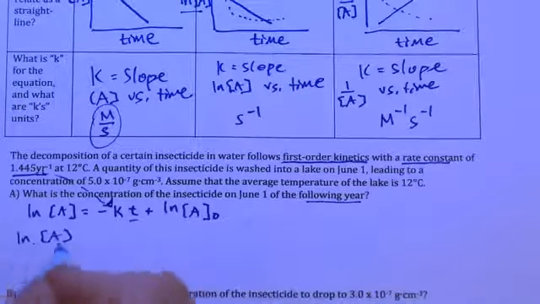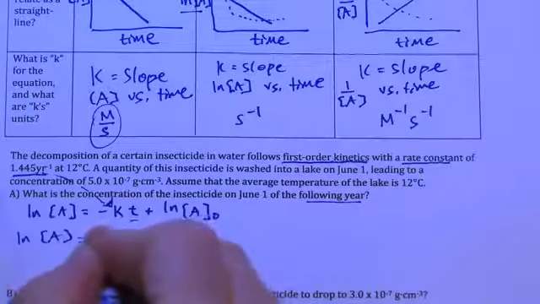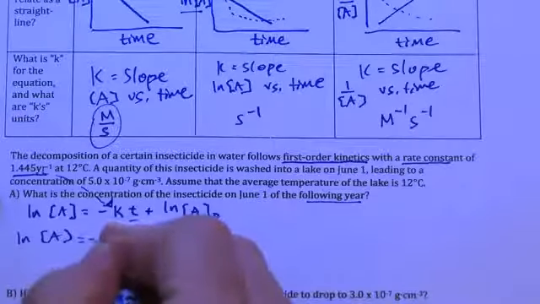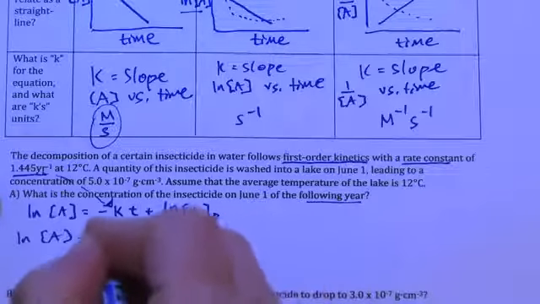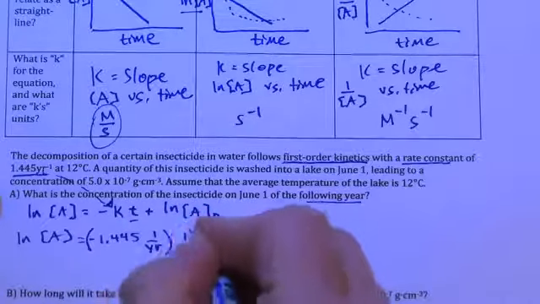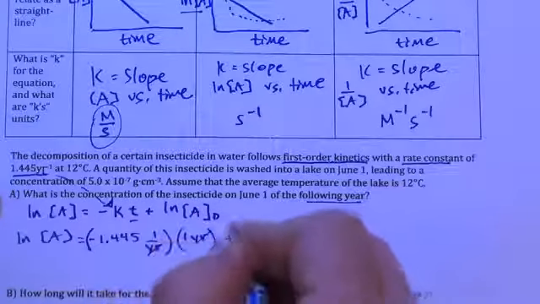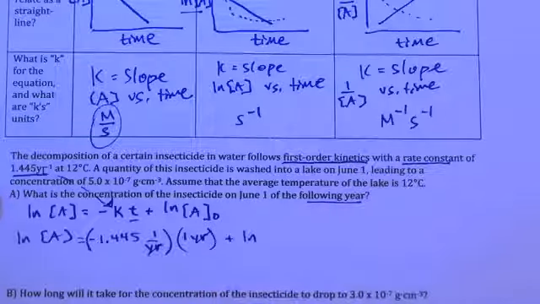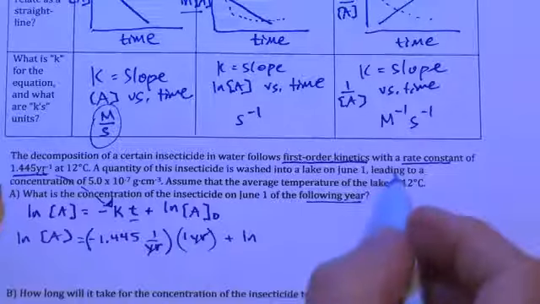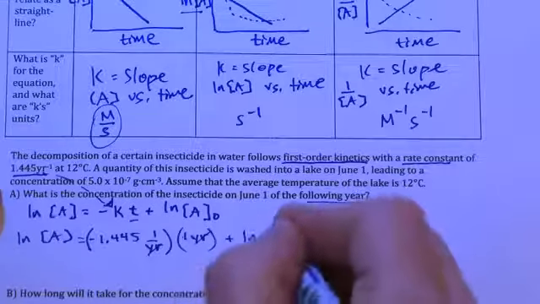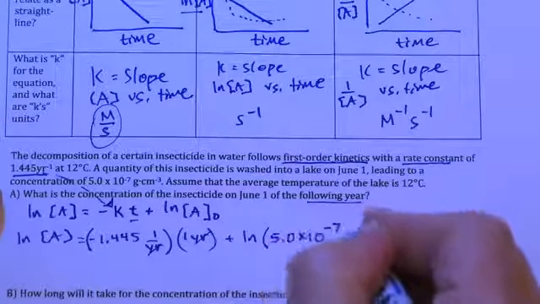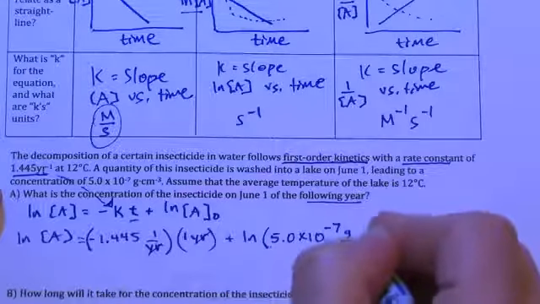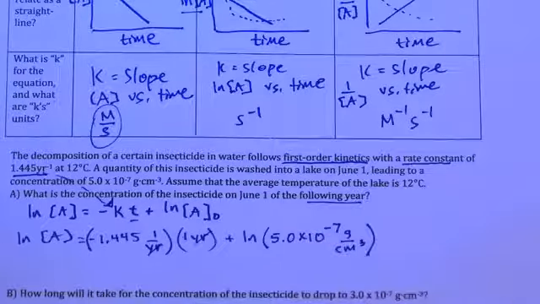So the natural log of the concentration is equal to negative 1.445 per year times 1 year, so our years are going to cancel out, plus the natural log of the original concentration, which was 5.0 times 10 to the negative 7th, and that's in grams per cubic centimeter is what they gave us for a concentration there.